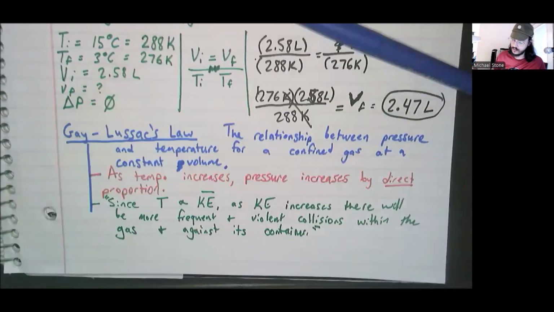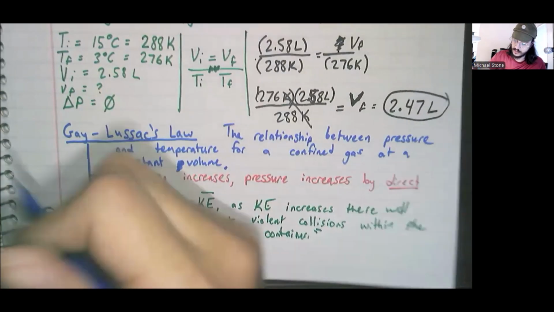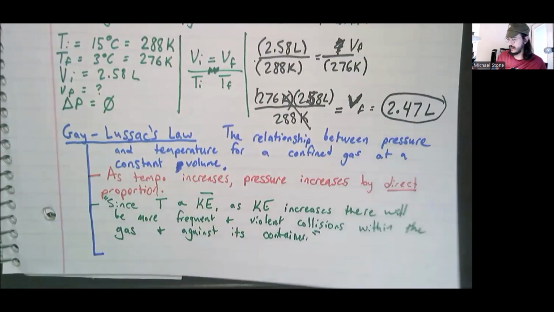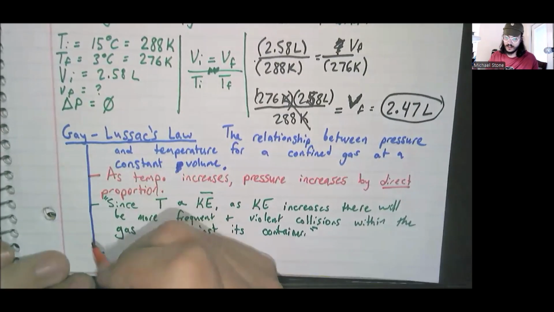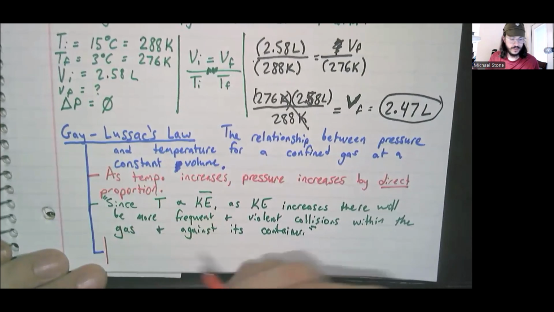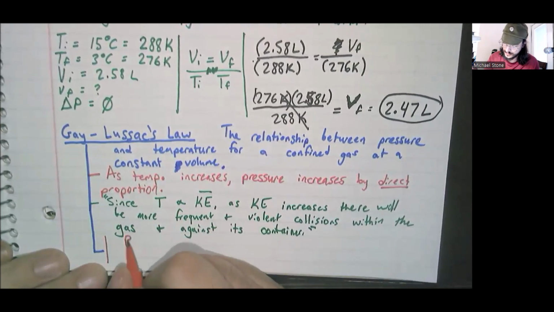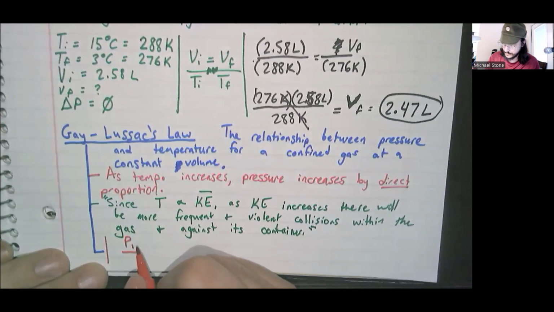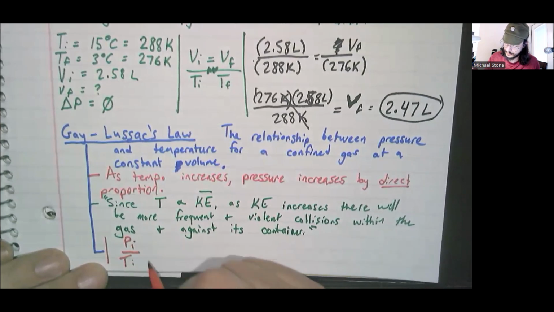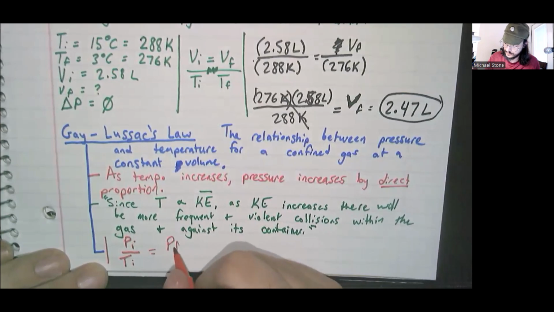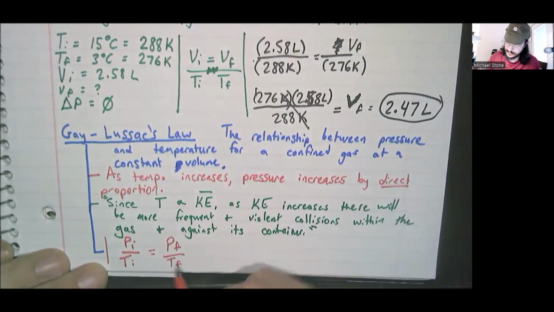What does this look like as an equation? Exactly what you think it looks like as an equation. Like the last one, but with different letters. Pi over Ti equals Pf over Tf.